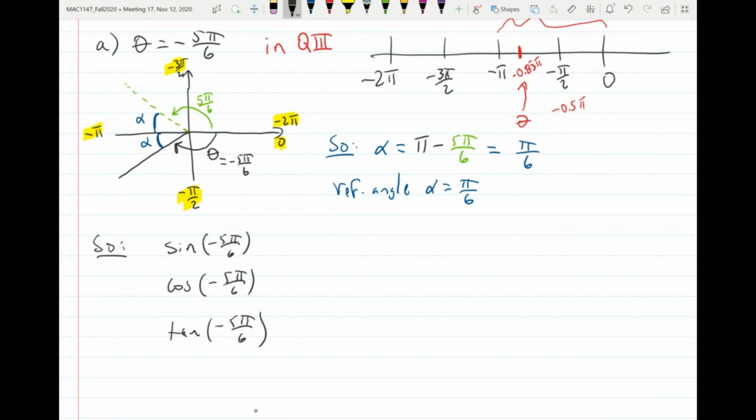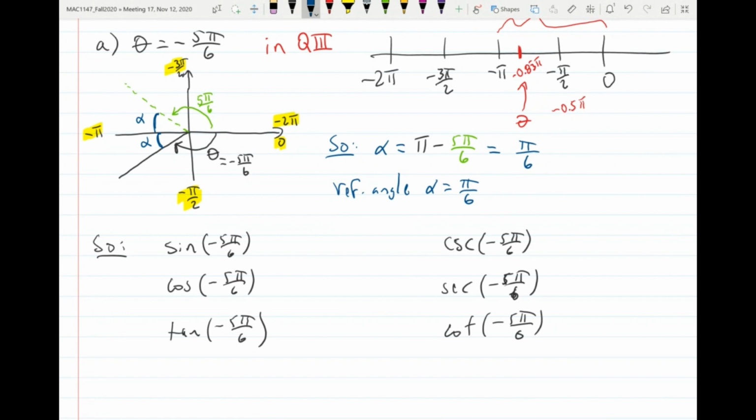And then once we know this, we can easily find cosecant of negative 5 pi over 6, secant, and cotangent. So my advice to you is always find these first three, sine, cosine, and tangent, because then the other three are very easy to find.